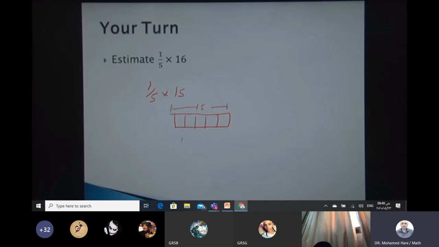Divide my bar into 5 sections. 15 divided by 5 is 3. So each of these sections has a value of 3. And to find my answer, I only need one of them because my numerator is 1. So my answer is about 3.